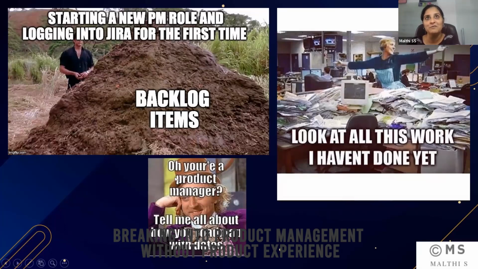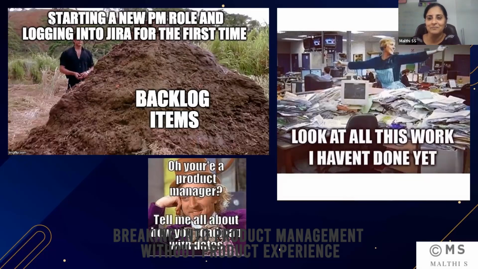I remember one of the products when I took over, the entire product backlog was thankfully not in Excel, it was in Jira, but I was looking at 400 plus items to figure out. Okay, we have tagged them, but figure out which one of them should go into release 1 versus the next release, right?